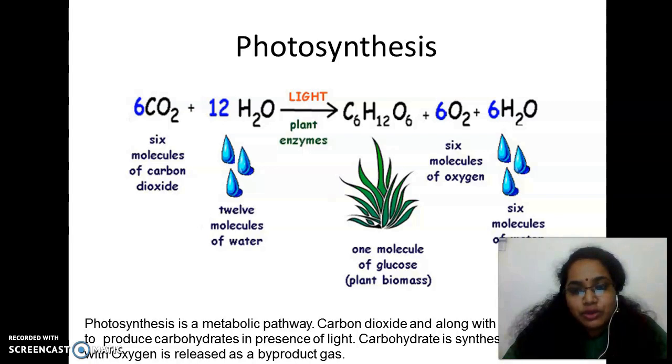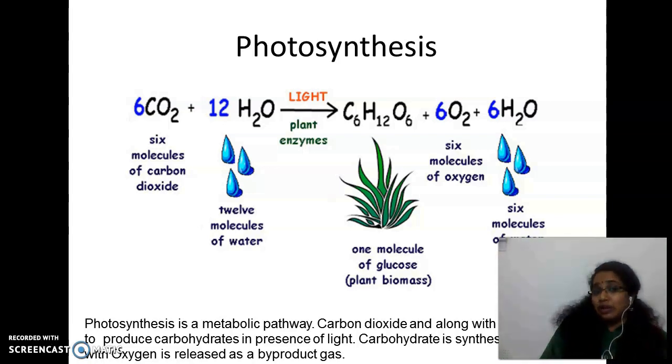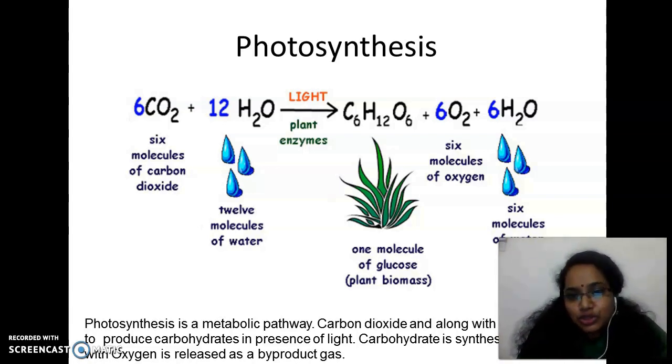This was one of the questions in a previous CSIR-UGC-NET. From the options we have to select which is the correct formula. So 6 molecules of carbon dioxide and 12 molecules of water, in presence of light, green pigments and plant enzymes, produce glucose or hexose sugar, and as a byproduct oxygen is also produced.